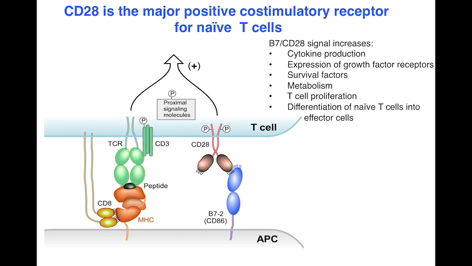That when there is a danger signal and you get signal 1, the antigen presentation to the T cell receptor, that B7-2 becomes expressed and can engage CD28. As a result of signals through CD28 in concert with T cell receptor, there is an increase in cytokines, which are growth factors for these cells, such as IL-2.